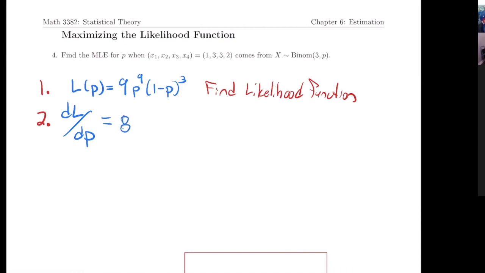So we would get like 81 p to the 8th times 1 minus p cubed. I'm just going through the calculus kind of quickly here, but that would be the product rule.